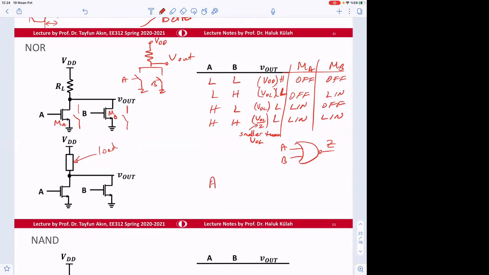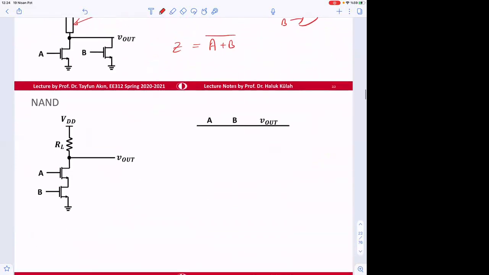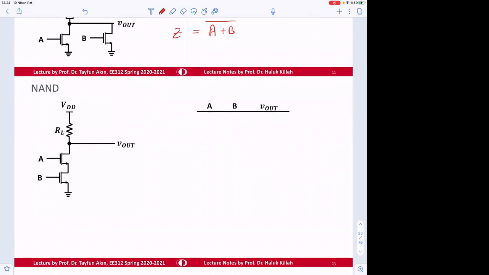A or B bar. This is how we can obtain NAND. It's very simple. As you see in the BJTs, we used to have many transistors around. Here there are 3 components, the load and 2 transistors.